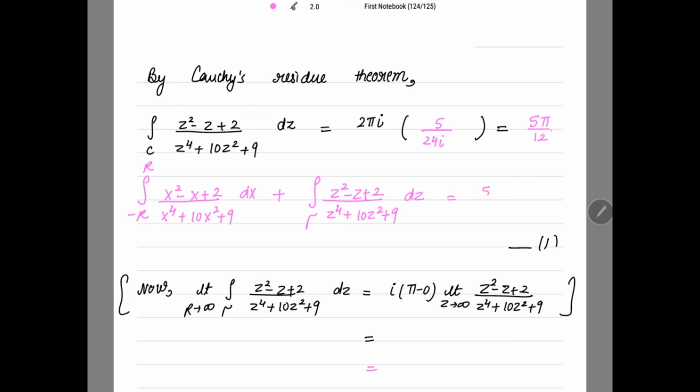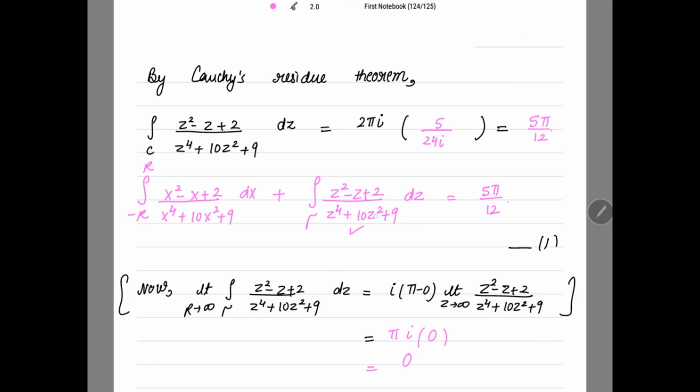This is equal to 5 pi over 12. I have to calculate this now, which is equal to iota pi minus 0, limit z tends to infinity of this function, right? Because in this limit the denominator has a greater power than the numerator, and if z tends to infinity, this will be 0, of course.